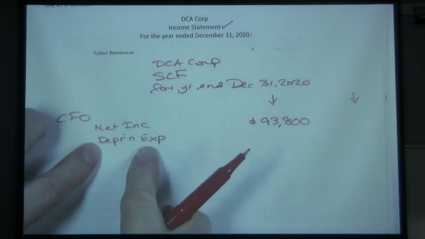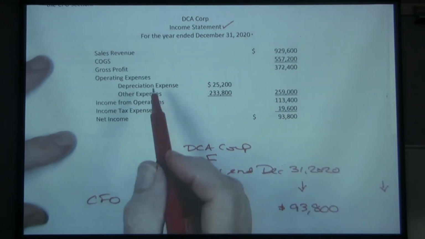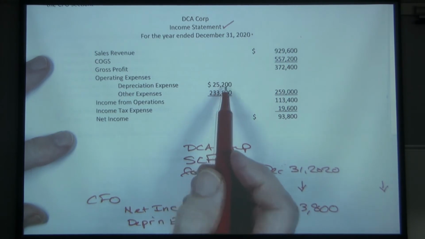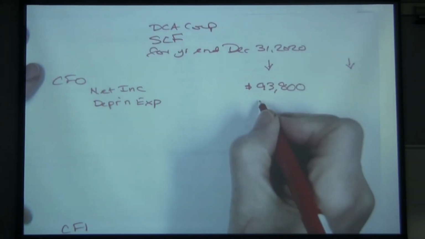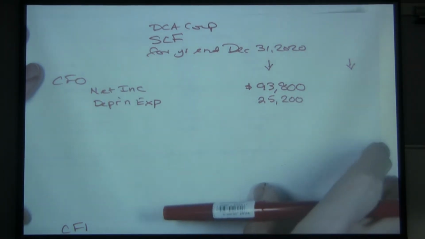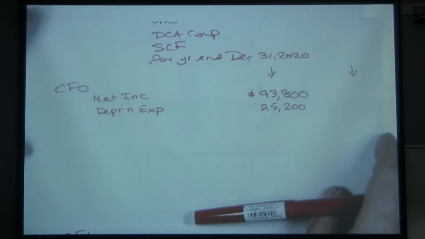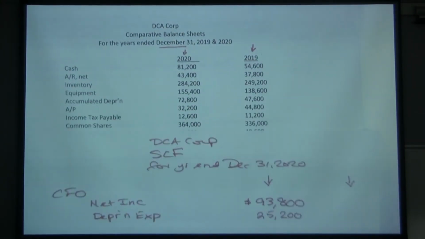Okay, next we want to add back our depreciation expense. Take a look. There's our depreciation expense, $25,200. Great. And now we want to take a look at changes in working capital. I'm just going to take this off of the document for a sec.